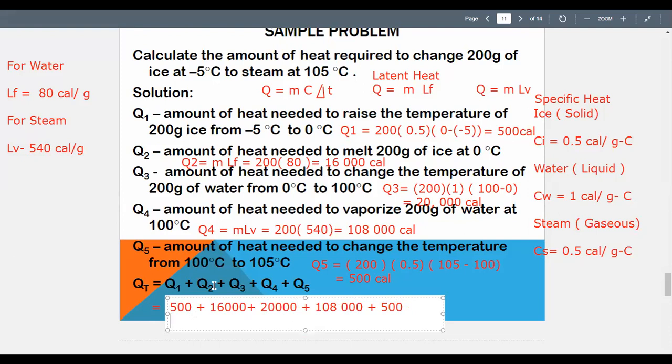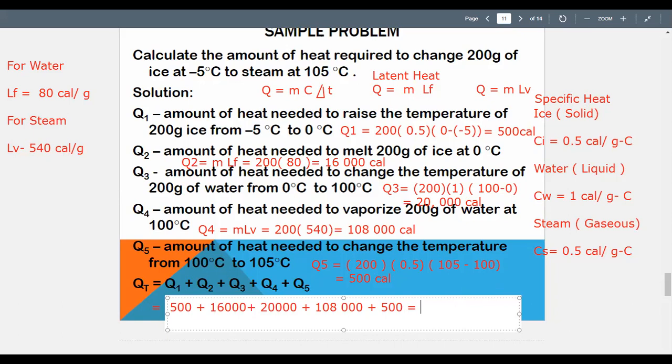So our total value is how much? What's our total value now? So you have 500 plus 500, that's 1,000. Plus 16,000. Plus 20,000.